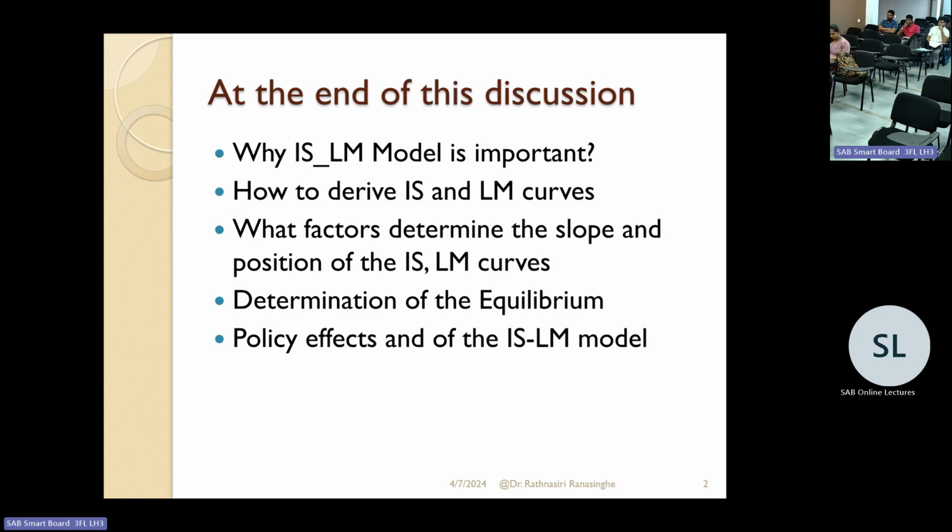Therefore, it explains the full overall economic model. Even though the Keynesian theory talks about income determination, it does not look at the overall aspect of the economy in terms of the real sector and the monetary sector involved.